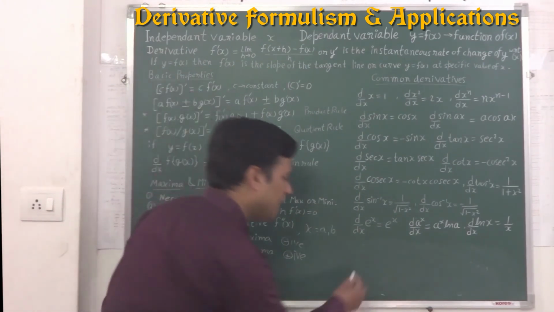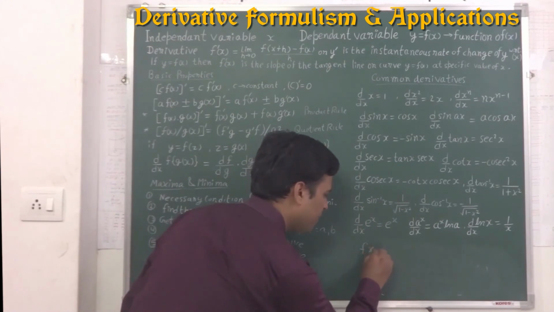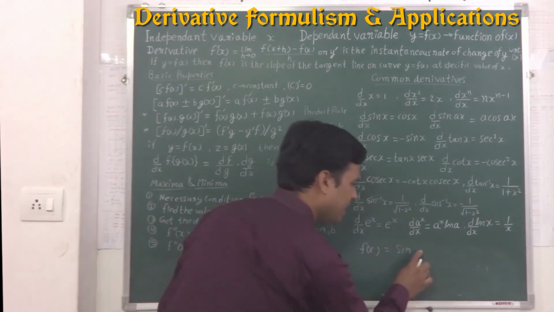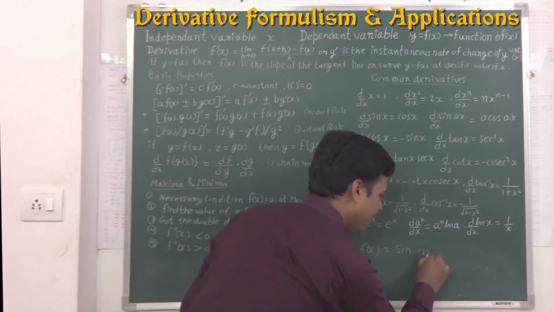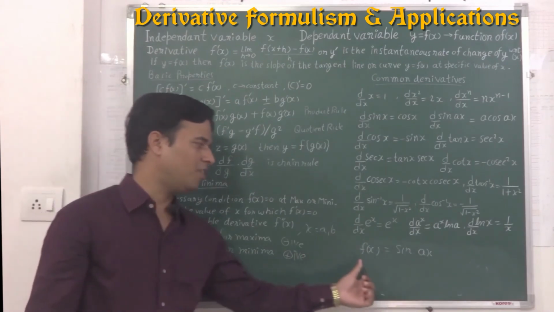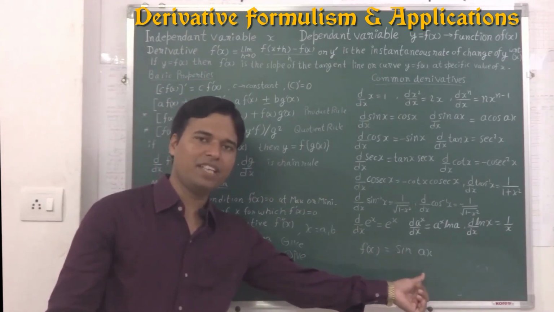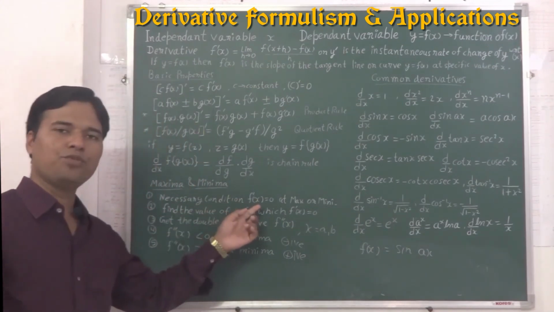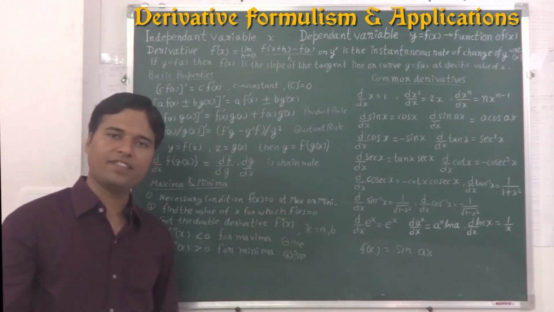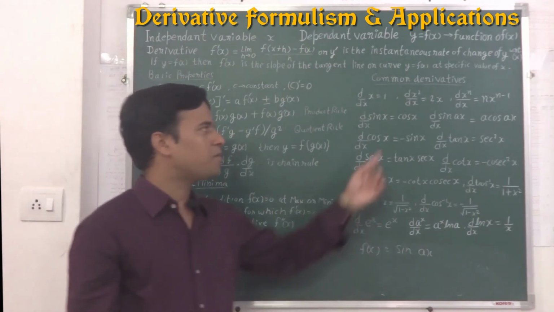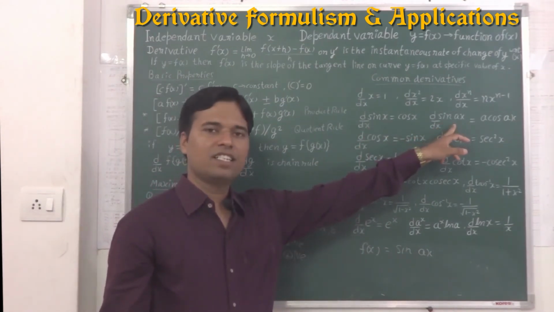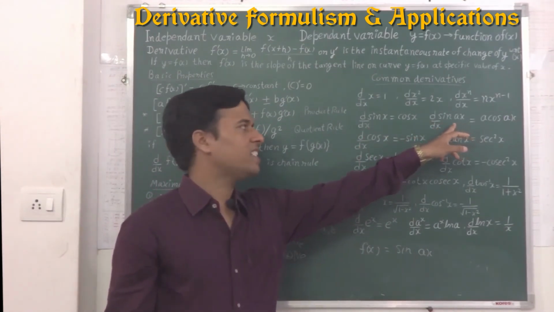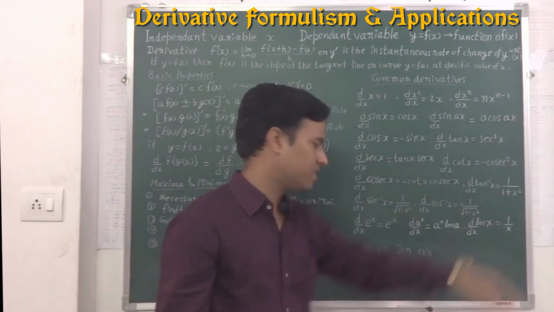For example, if we have a function f of x, the function is sine of ax. If we want to find the maxima and minima of this function, then first we will have to find its first derivative. From these formulas I know that the first derivative of sine of ax is equal to a cos of ax.